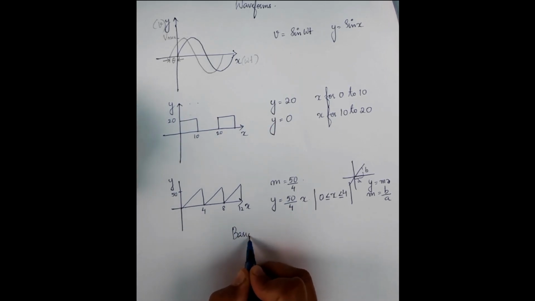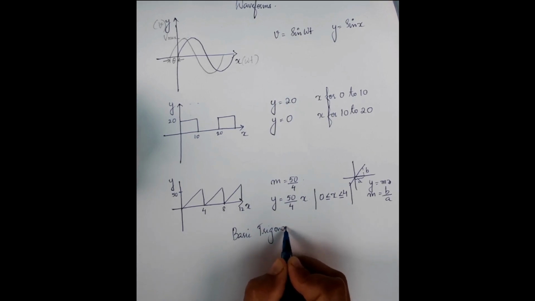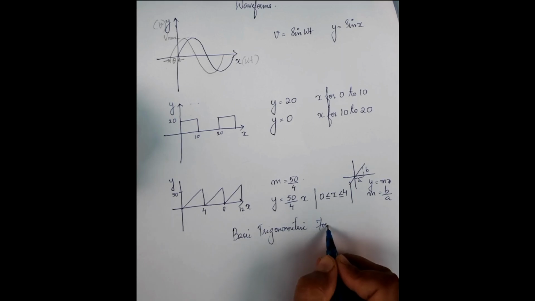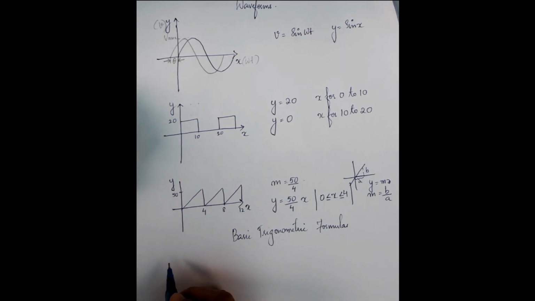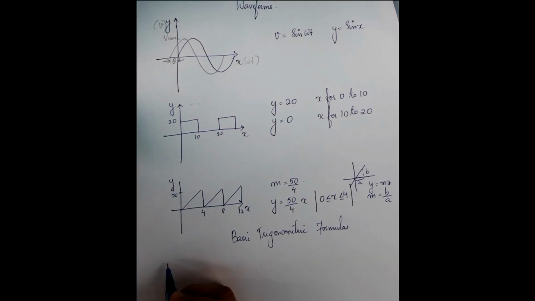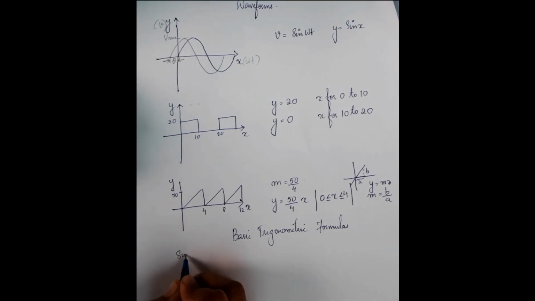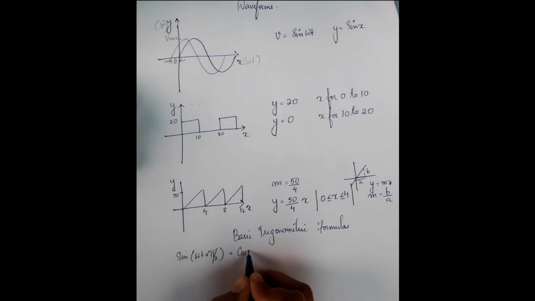Now let's just revise our basic trigonometric formulas. Sine omega t plus 90 is cos omega t.